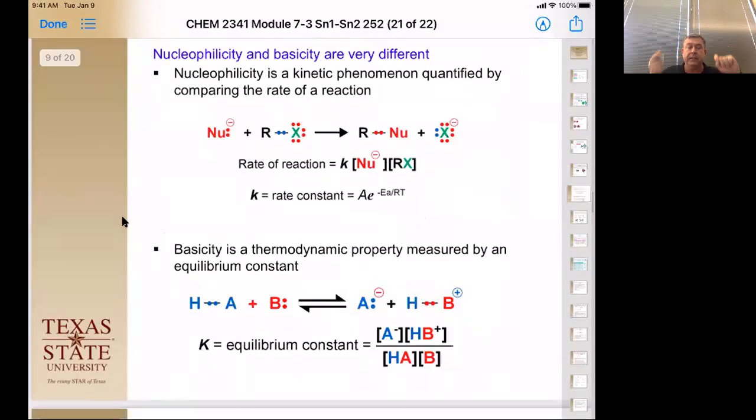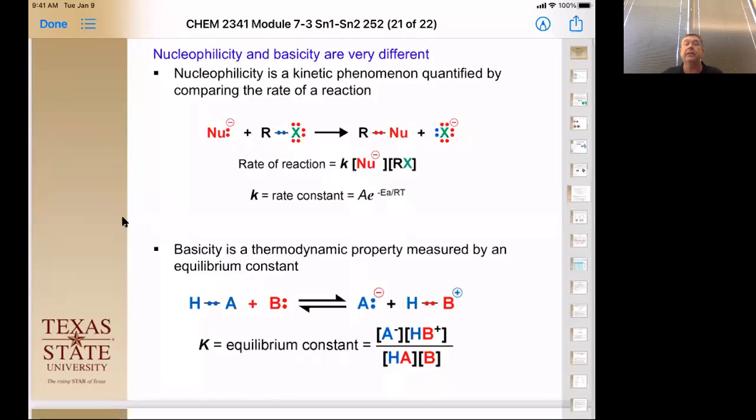All right. So that brings us to the concept that nucleophilicity is different than basicity. And again, nucleophilicity is the kinetic product, meaning smaller, the concentration of the two reactants make it move much, much faster. Okay. Whenever we did acids and bases, we said that there's an equilibrium there. We calculated that equilibrium constant.